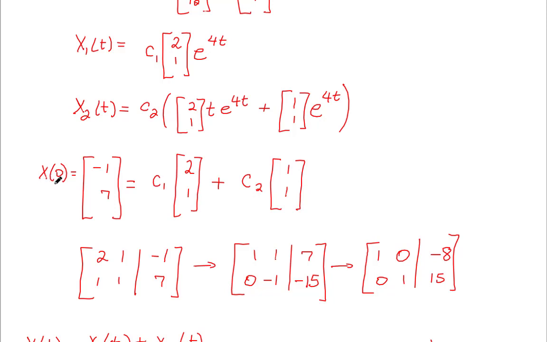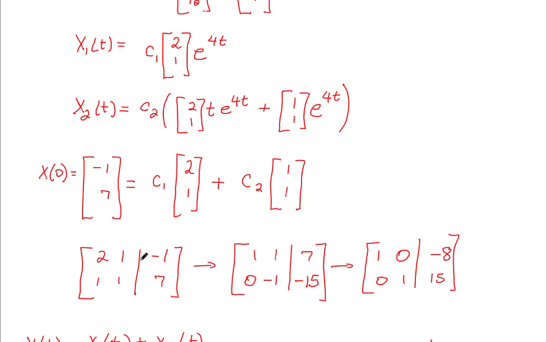So now my initial conditions were minus 1 and 7. So what does that mean? Well, if I plug in t is 0, e to the 0 is just 1, so I get (2, 1) and C1. And what about C2? Well, if t is 0, that term is gone, and I get (1, 1). So now I have to stop and figure out, well, what is C1 and C2?